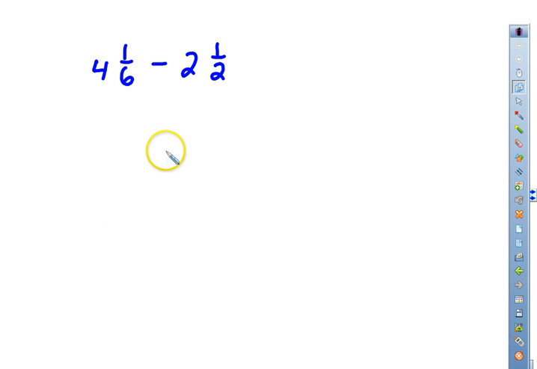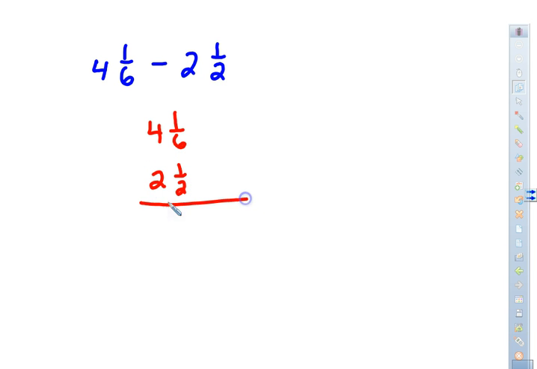And we'll try our last problem. So go ahead and hit pause and solve this. So we get 4 1/6 minus 2 1/2. And when we subtract, we try to do that, and can we subtract these problems?